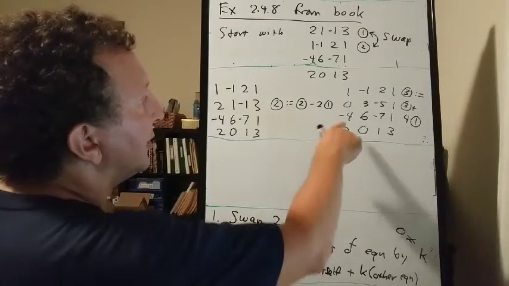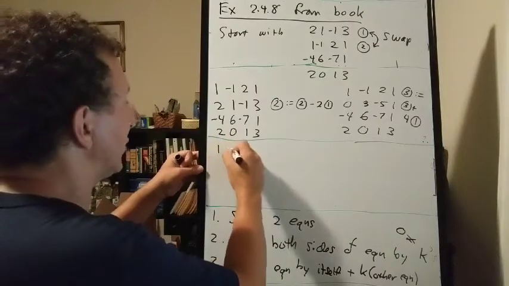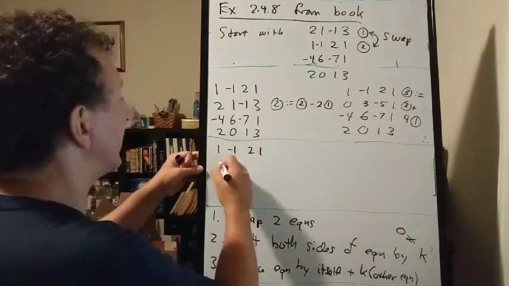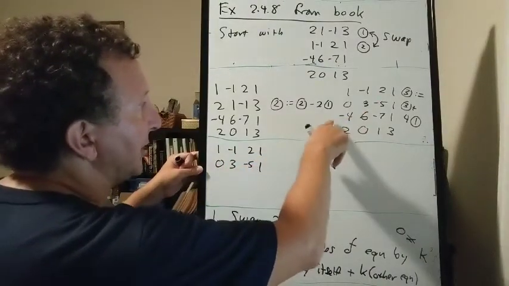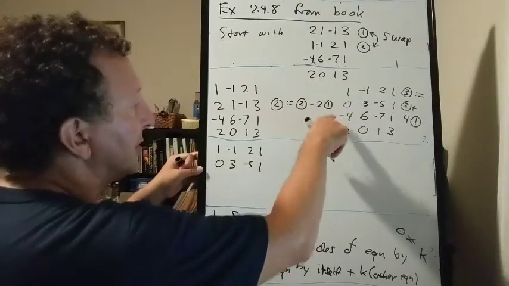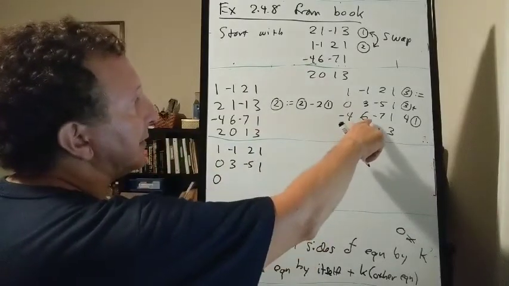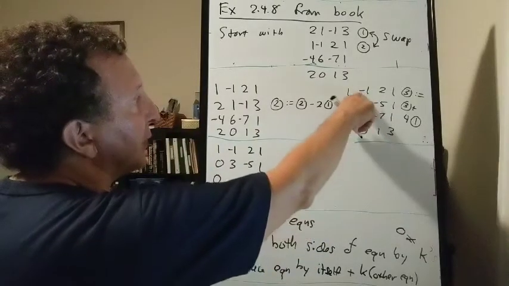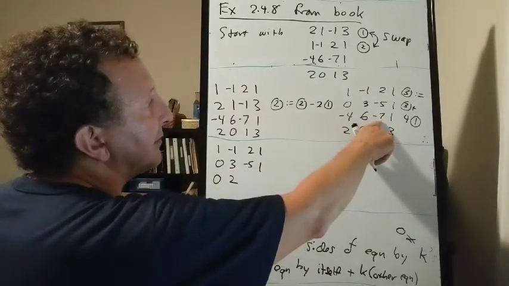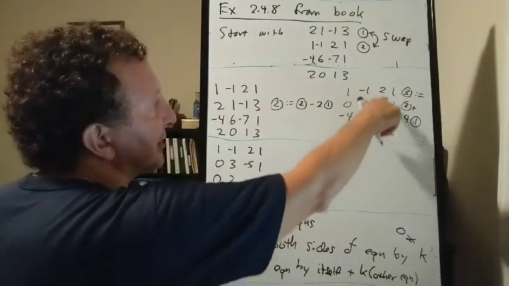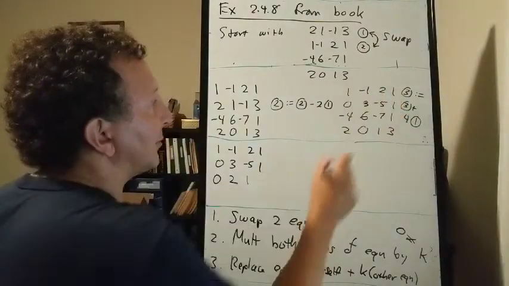So if we do that, I'll copy the first two rows because those aren't going to change. 1, negative 1, 2, 1, 0, 3, negative 5, 1. And now row 3 becomes row 3 plus 4 times row 1. Negative 4 plus 4 is 0. 6 plus 4 times negative 1 is 6 minus 4, which is 2. Negative 7 plus 4 times 2 is negative 7 plus 8, which is 1. And then 1 plus 4 times 1 is 5.